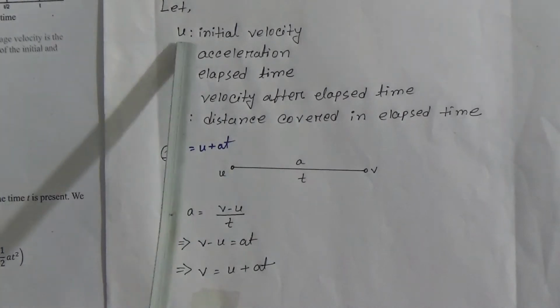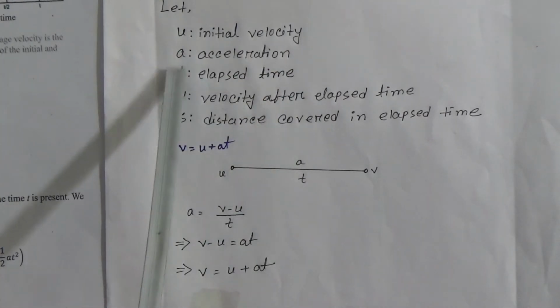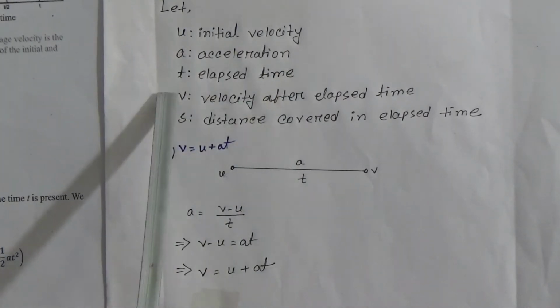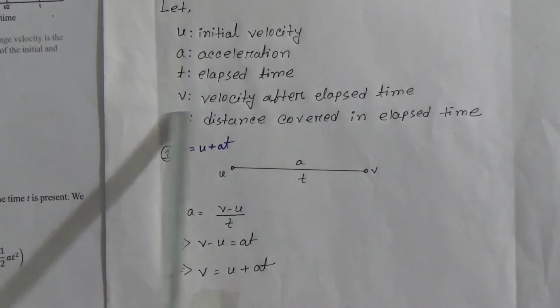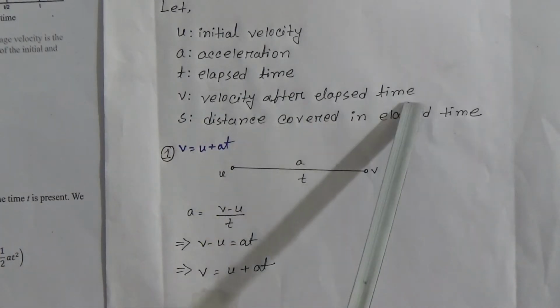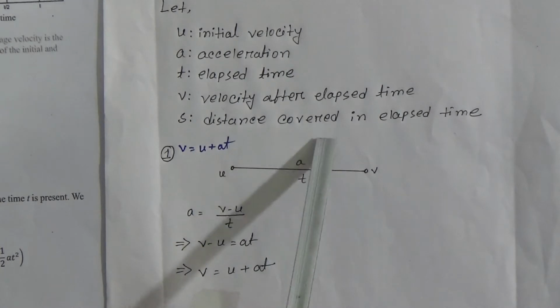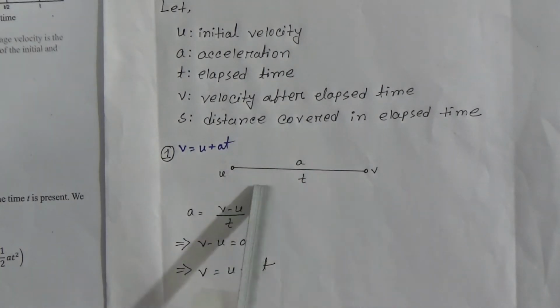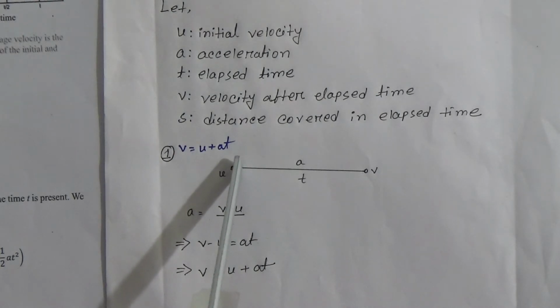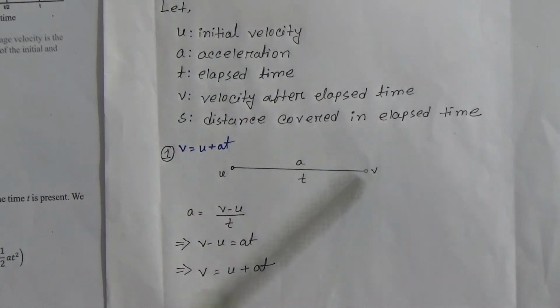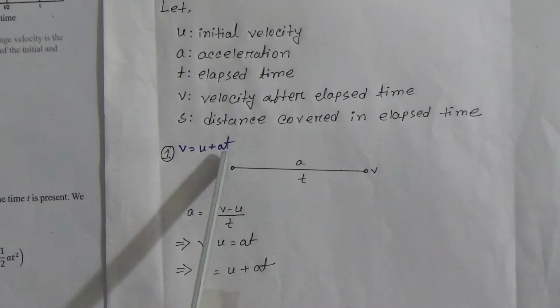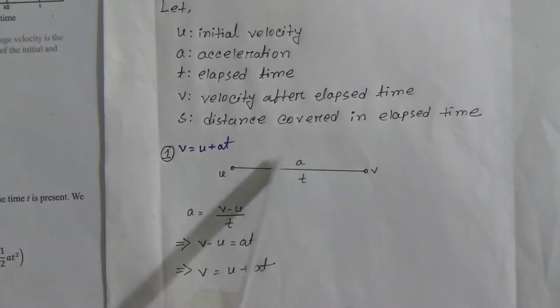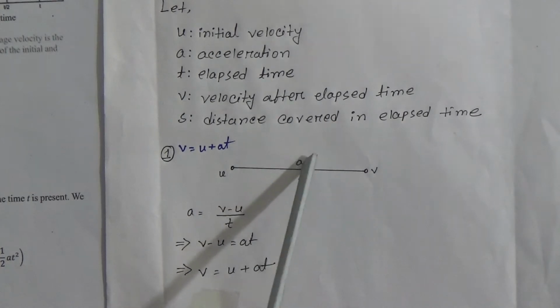Here u is the initial velocity, a is the acceleration, t is the elapsed time, v is the velocity after elapsed time, and s is the distance covered in elapsed time. So here is the figure. This point is the initial point and this point is the final point, the elapsed time is t, and the acceleration is a.